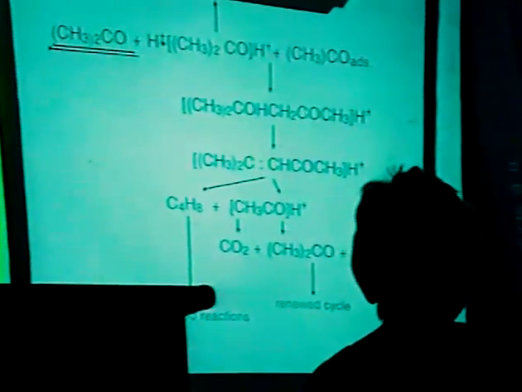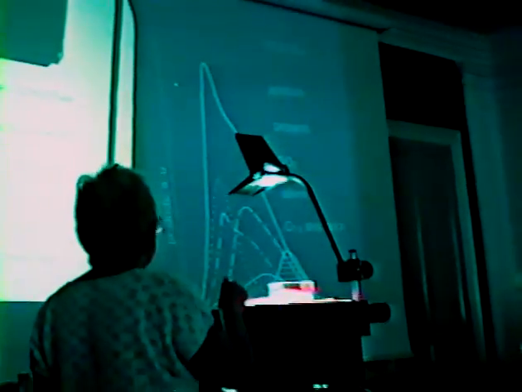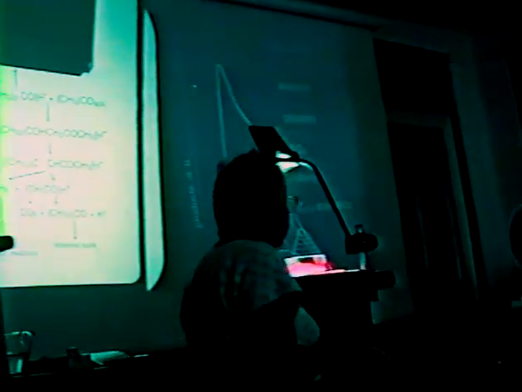Acetone re-enters the cycle, isobutene is evolved to the gaseous phase. This reaction route is supported by carbon 13 labeling.